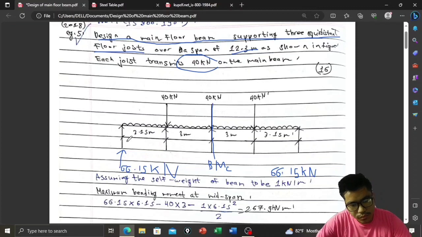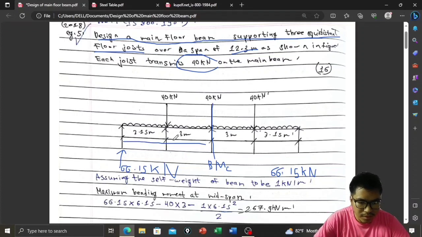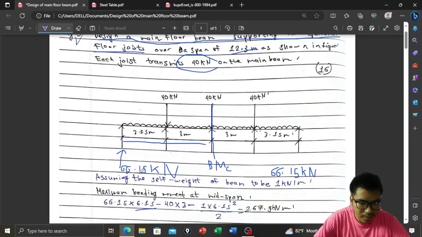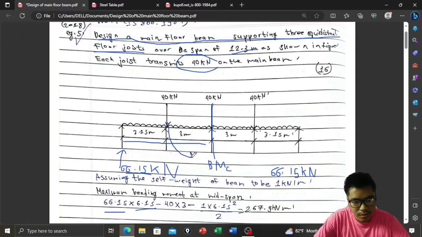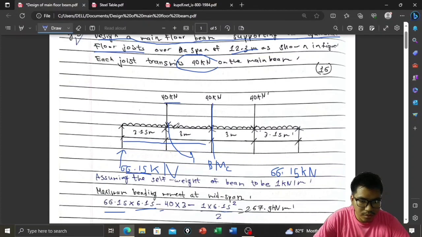So this is 66.15. The distance from here is 3 plus 3.15, that is 6.15, so 66.15 into 6.15. The clockwise moment we take positive, and this 40 will try to rotate this in the anti-clockwise direction, so negative. This is 40 and the distance between them is 3.